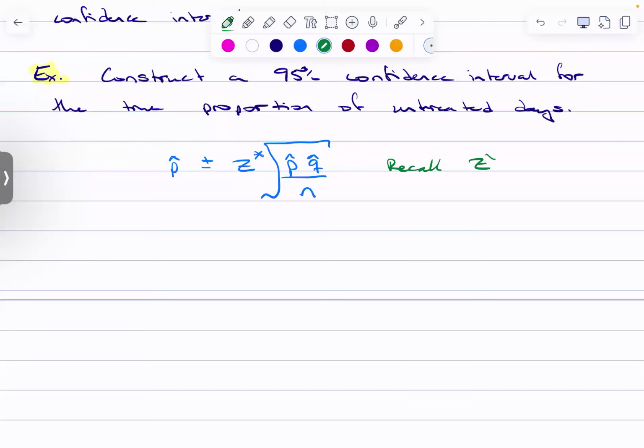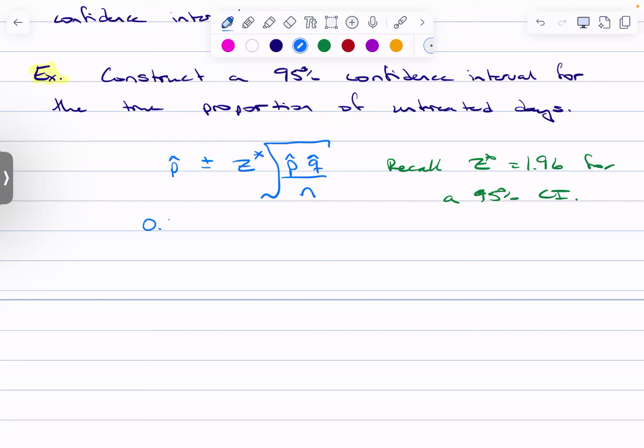Recall Z star is 1.96 for a 95% confidence interval. We spent a lot of time getting there, and so from here on out, I'll just give you the Z stars for the common confidence levels.